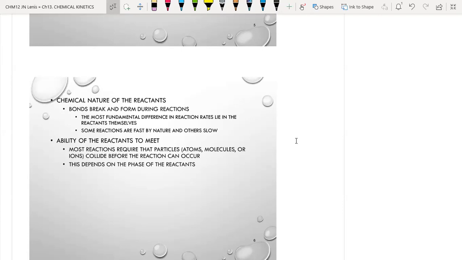And we say that these metals are very active, very reactive, especially with water and oxygen. So potassium is more reactive than sodium, and sodium is more reactive than lithium. So the reactivity of these group 1 metals increases from top to bottom in that group.